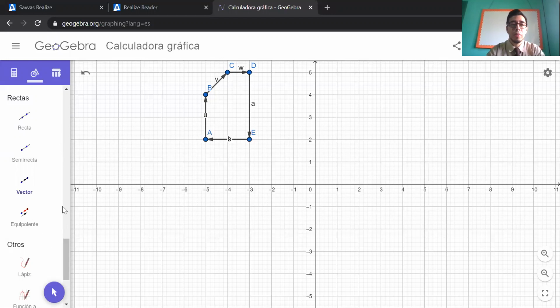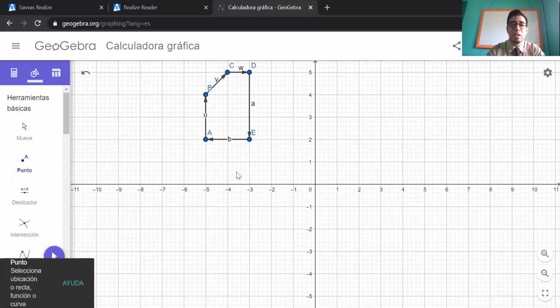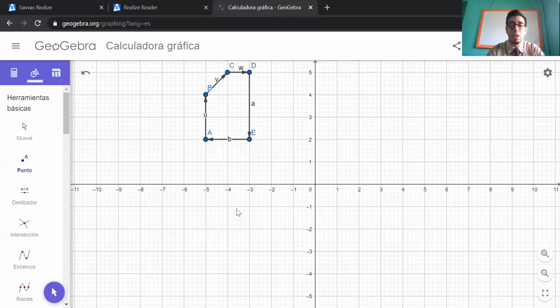You are going to see. For example, if I have the points, how many grids is it separated from the axis? 1, 2. So I can do the same. 1, 2. And that is where the point A is going to be located. In here, right? Because it's this point.